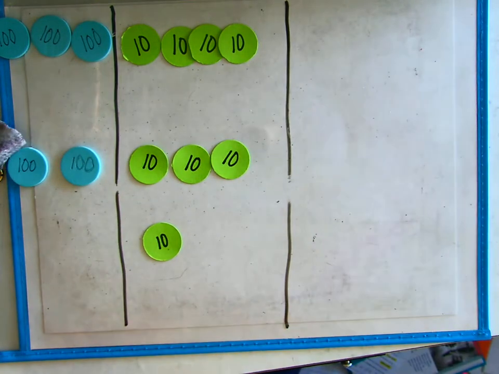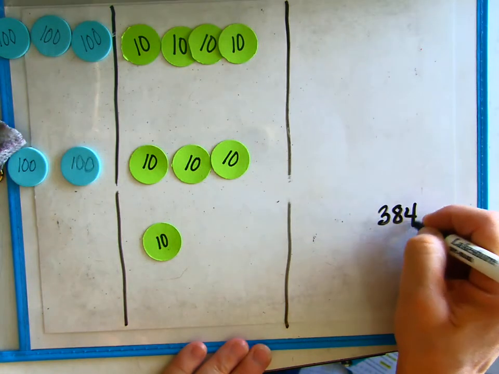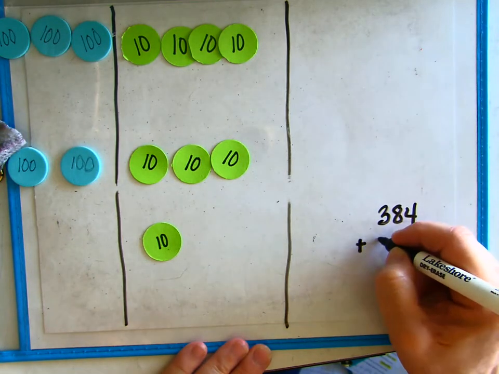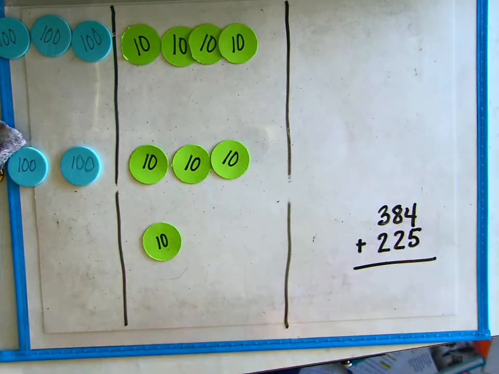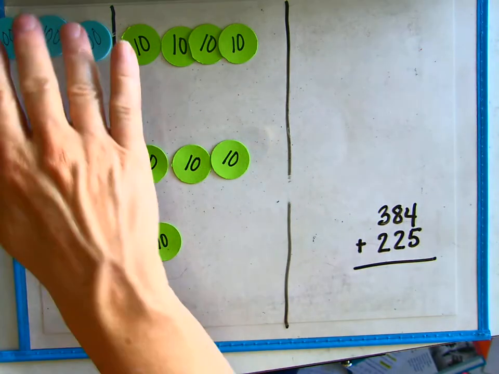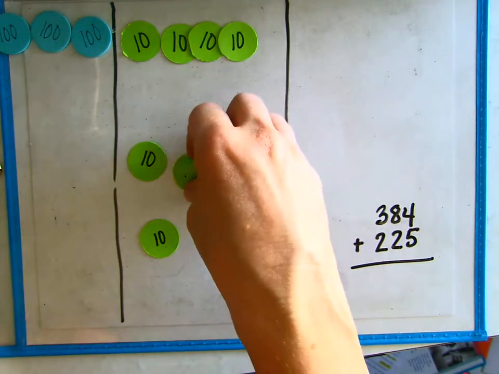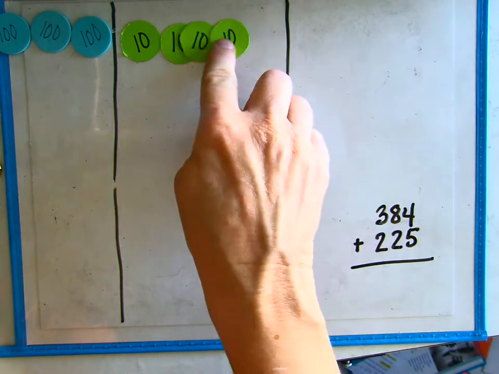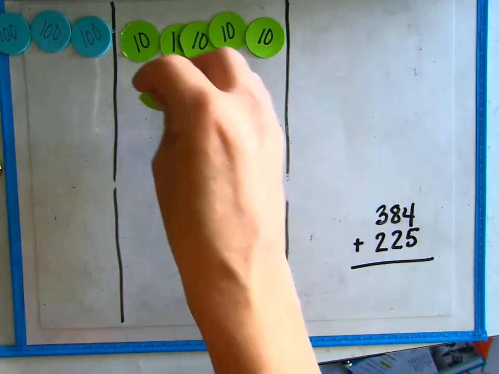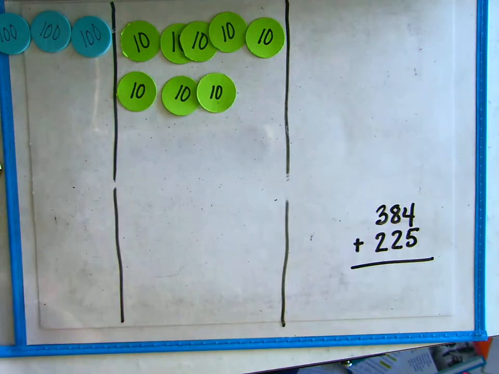The next problem, 384 plus 225. So we have 384. So we've got 40, 50, 60, 70, 80.